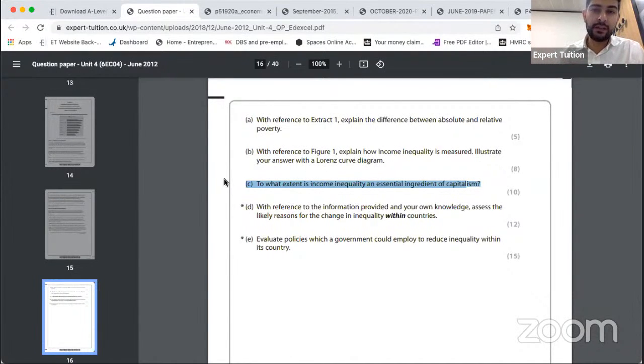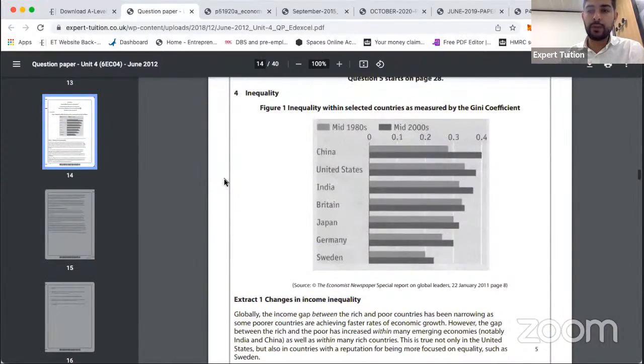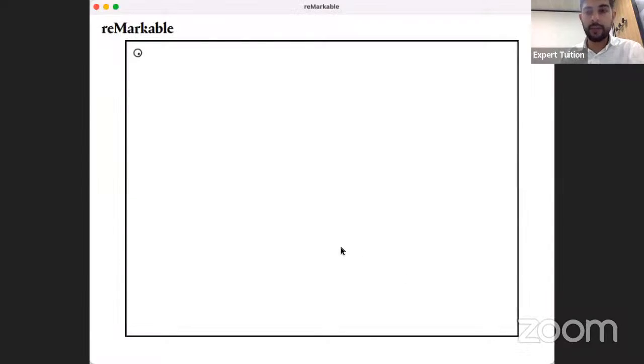The evaluations here are not straightforward, but if you look at the data, figure 1 shows the Gini coefficients between various countries. Just a quick tangent to remember this by. The Gini coefficient is the metric we use to determine the level of inequality in a country, right? The number for the Gini coefficient ranges from 0 to 1, yeah? And often people get this wrong.